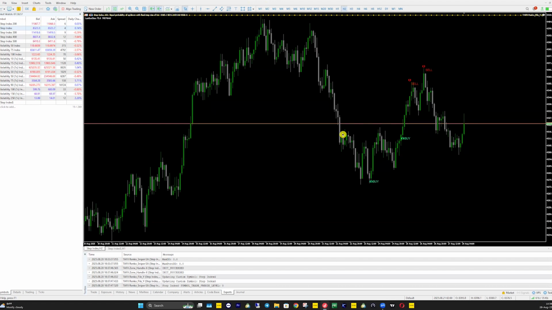Now it is a sell market, but because of using Fibonacci, we are now banking on this retracement. Earlier we were only trading according to the direction of the market, but now we can trade even against the market, because we can rely on our all-in-one order blocks. They are very, very reliable. As you can see, this buy here and this buy here, and the market gives you good pips.